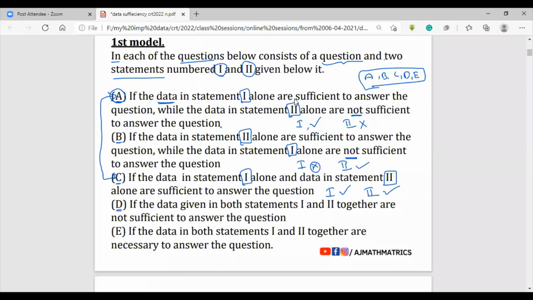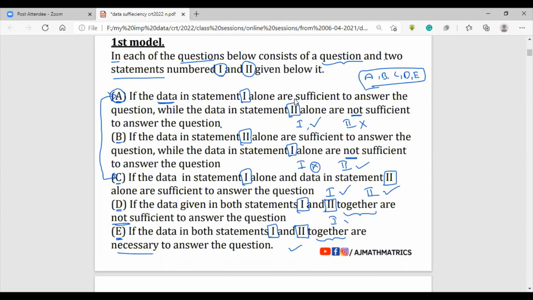Now option D is your option if the data in statement 1 alone is not sufficient, 2 alone is not sufficient, and when you combine the two, it is not sufficient to get the answer. That is D. E means statement 1 alone not sufficient, 2 alone not sufficient, but together they are required to answer the question.